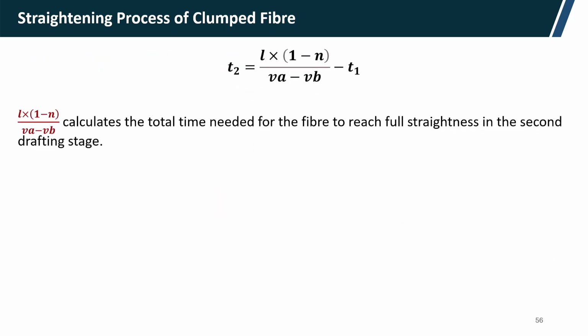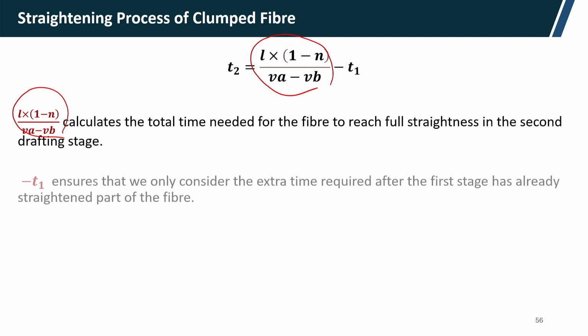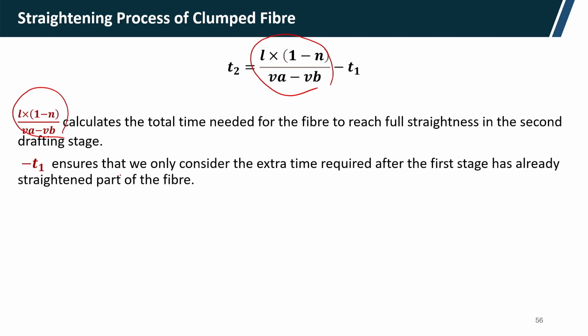So, this component calculates the total time needed for the fiber to reach full straightness in the second stage, and we subtract T1 to ensure that we only consider the extra time required after the first stage is completed.